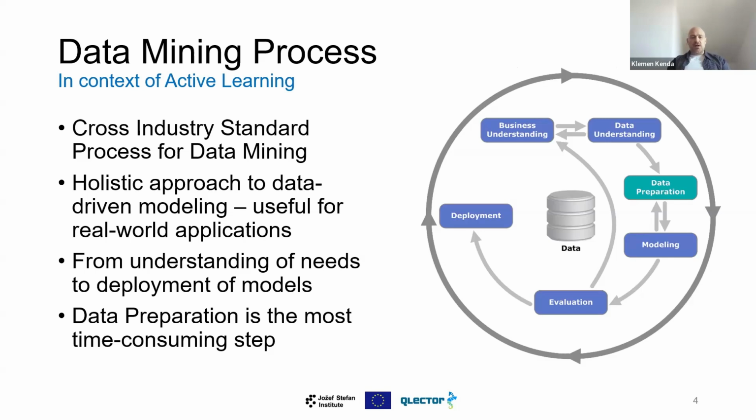So getting value out of the data is briefly described in the scheme that you see on this slide. This picture depicts the so-called cross-industry standard process for data mining, or shorter CRISP-DM. This is a quite old methodology, I would say, but it's still very much valid today. It is basically a cyclical process through which you build and improve the implementation of machine learning or AI components for your business or for your problem.